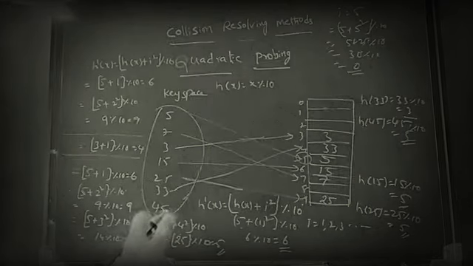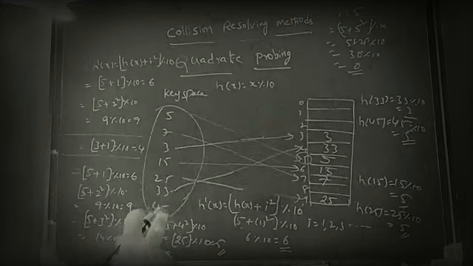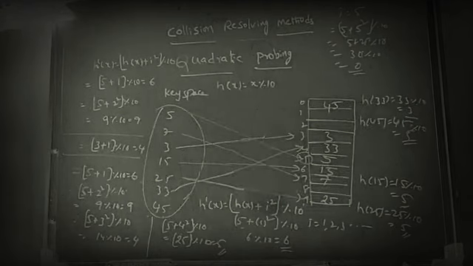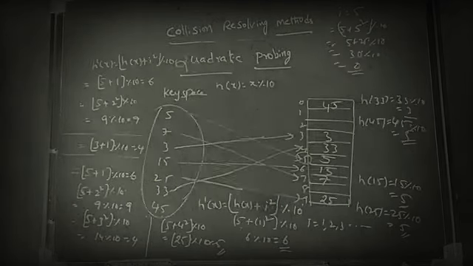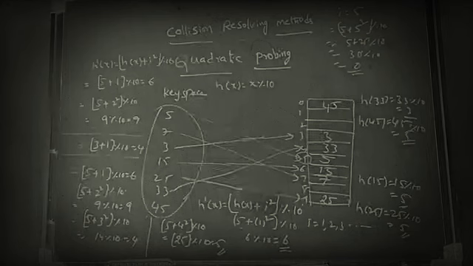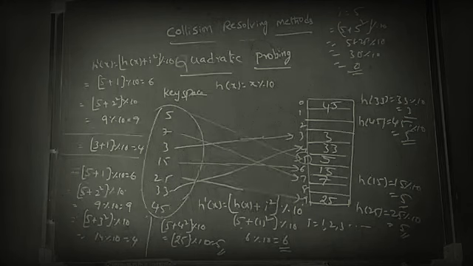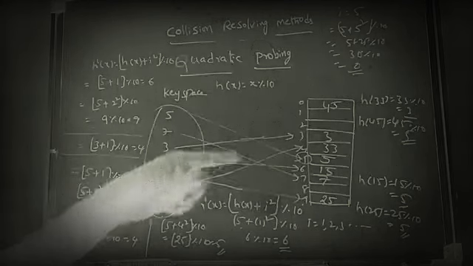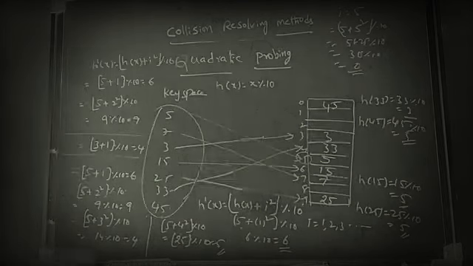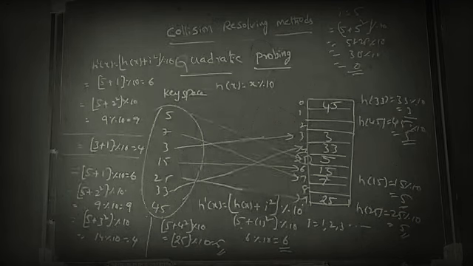Now we have a chance to find an empty place to store the element 45. This process continues until we find an empty position in the given memory. If all the memory slots are filled, it shows the memory is full. The quadratic advantage is that there is no need to check step by step; we jump by squares of the positions. We may find the empty space earlier compared to linear probing.